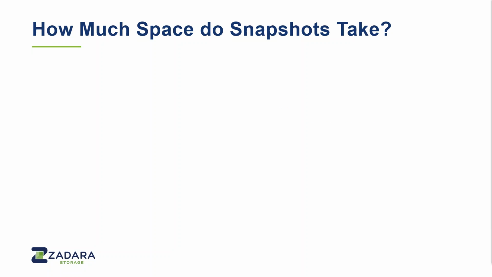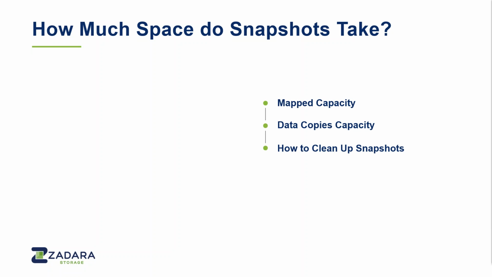And basically, we get this question all the time: how much space do snapshots take? If you recall from episode 9, I believe it was, where we went into snapshots in comparison of AWS snapshots and our snapshots, the snapshots are inside the pool, and they don't take up any additional space except for the metadata.